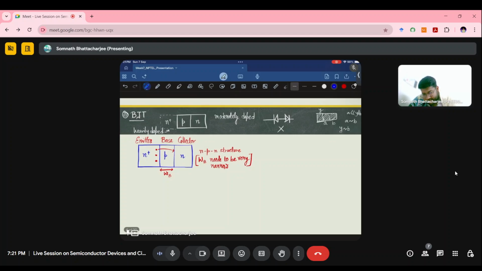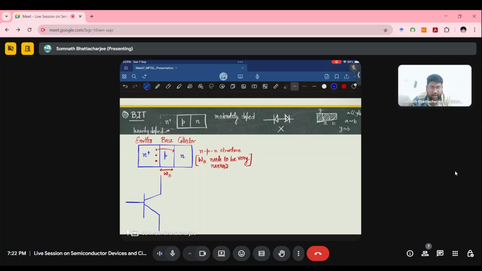So this is an NPN structure. We can draw it like this. This is the basic structure of how we draw it.